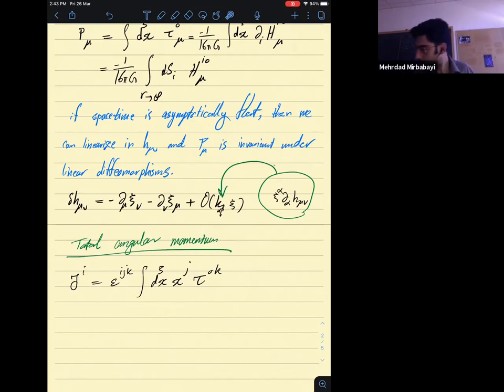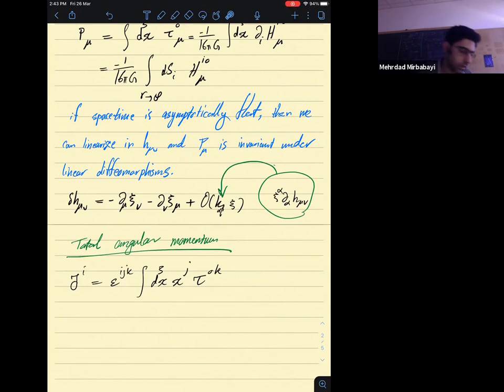Okay, I don't want to talk too much about this angular momentum, but I mention it because it will be a natural connection to the next topic, which is a rotating black hole. Because the statement is that the total angular momentum of the spacetime is also a well-defined quantity if we are asymptotically flat.